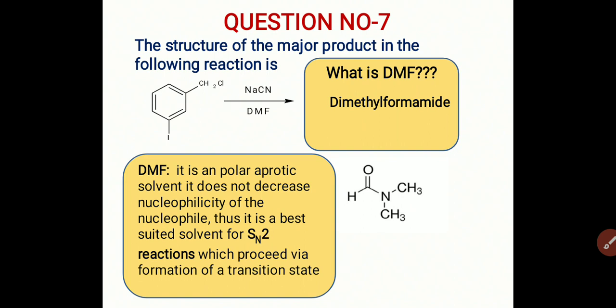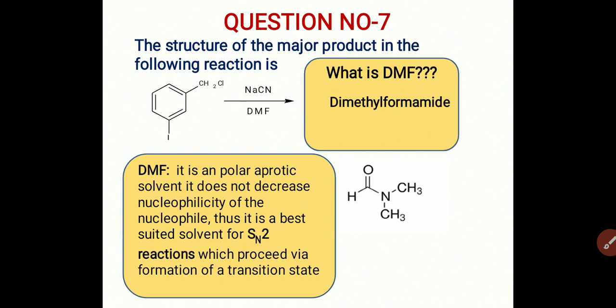Because it does not decrease the nucleophilicity of the nucleophile. Very important point: it does not decrease the nucleophilicity of the nucleophile. Hence remember, it is a suitable solvent for the SN2 mechanism.